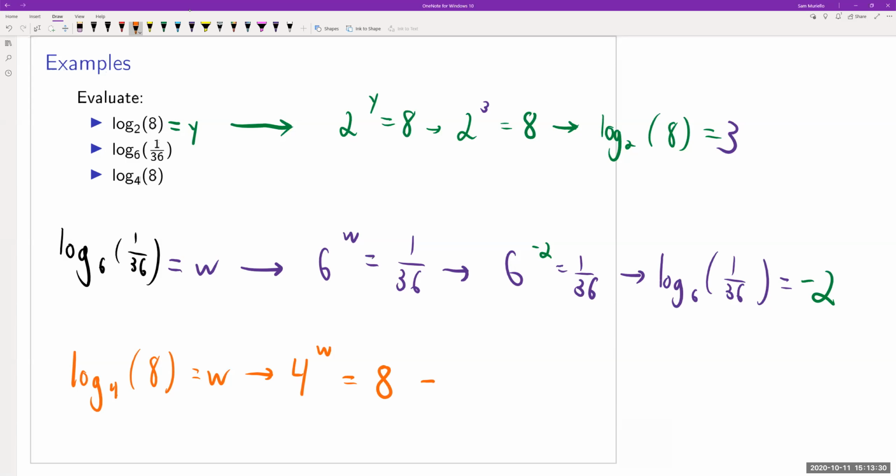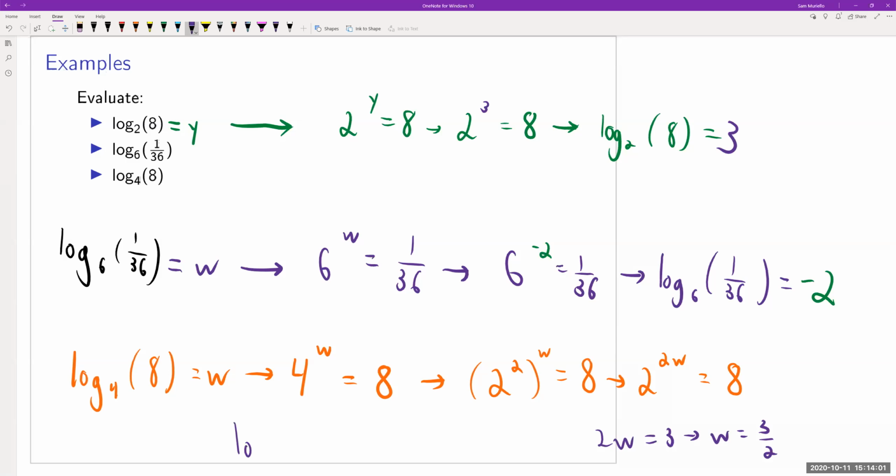So I can rewrite this piece as 2 squared to the power of w is equal to 8, and then 2 to the 2w is equal to 8. Well, in that case, 2w would be equal to 3, so that tells us that w is 3/2. That means that log base 4 of 8 is going to be 3/2.